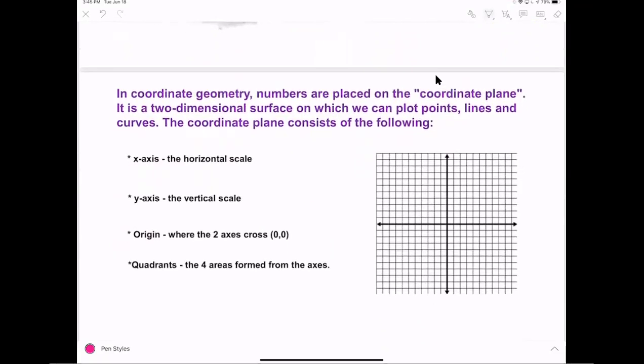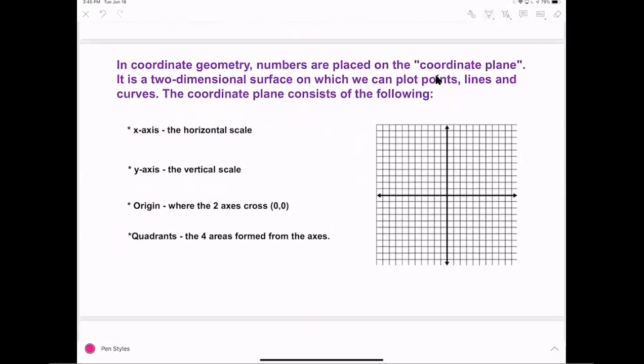All right, so before we get into the lesson, you have to know a few things about the Cartesian coordinate plane. In coordinate geometry, numbers are placed on the coordinate plane. That's what this is here. It is a two-dimensional surface on which we can plot points, lines, and curves. The coordinate plane consists of the following.